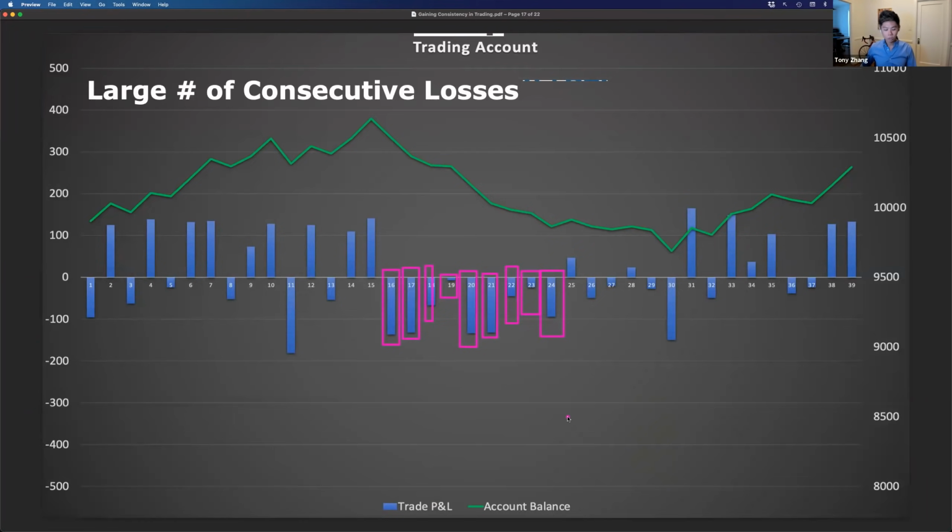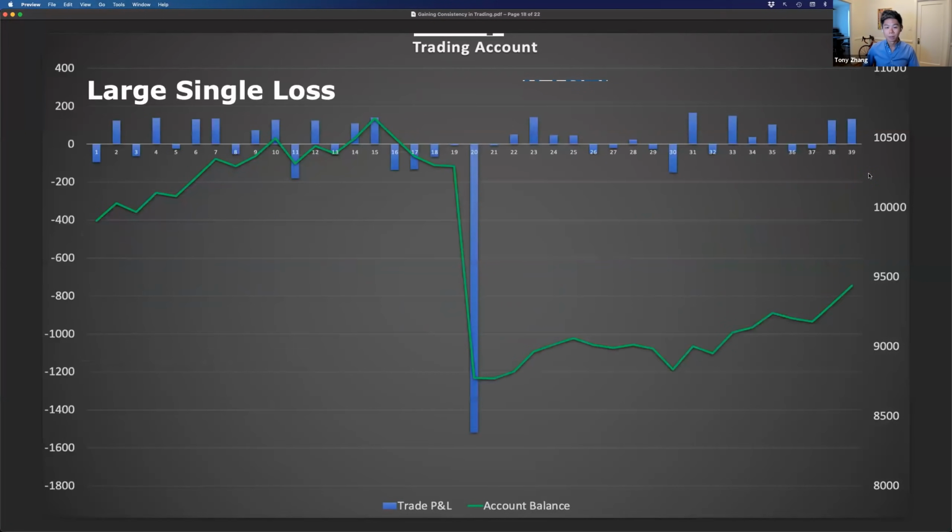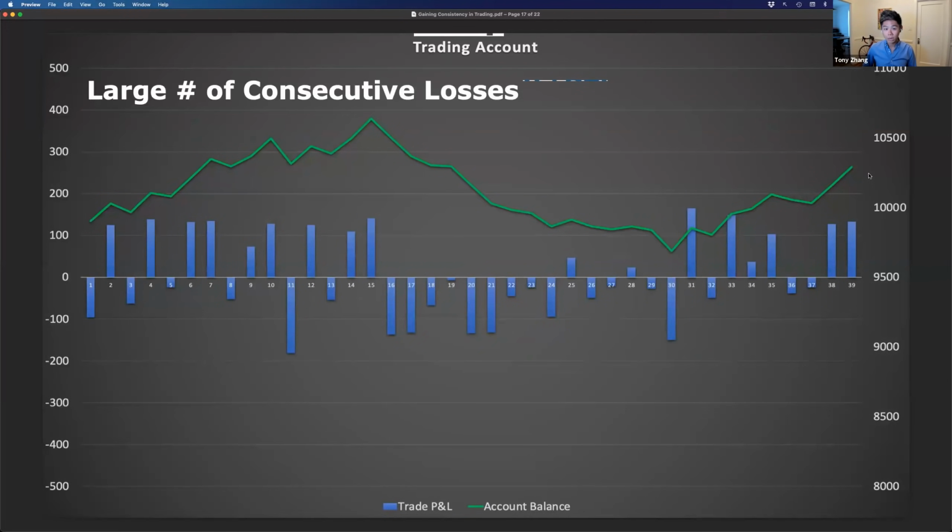Having 9 losing trades in a row, yes, my portfolio took a hit over those 9 losses, but I had most of my portfolio intact in order to continue trading. That is the difference between sticking to the rule and not sticking to the rule. And just to put that into context again, look at the difference between these 2 trades.